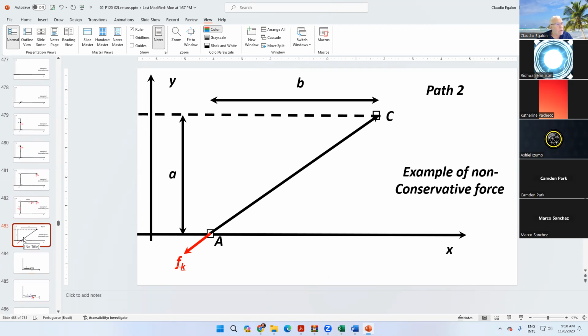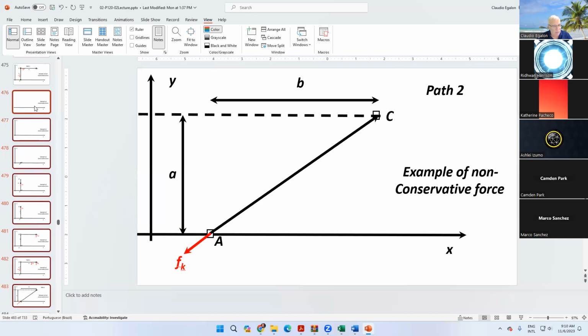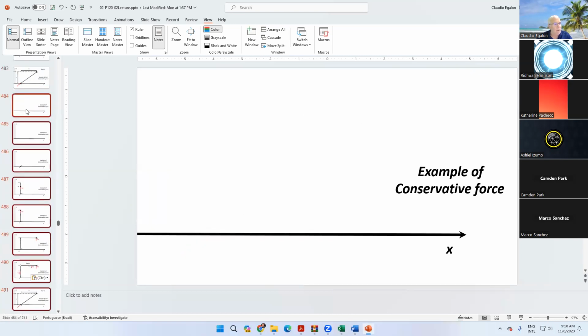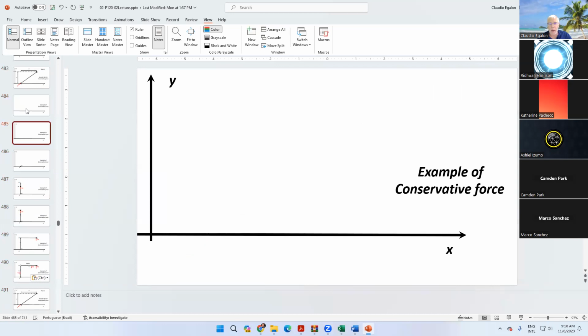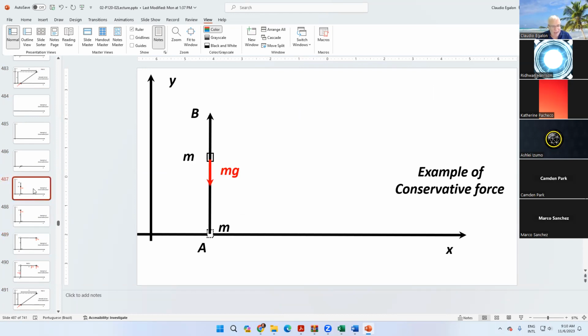All I have to do here is just copy what I have here. Let's copy everything: X-axis, Y-axis, initial point A. But now this mass is moving initially along the x-axis, right in here.